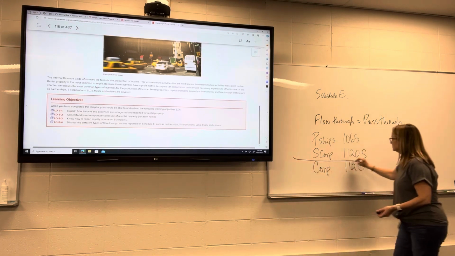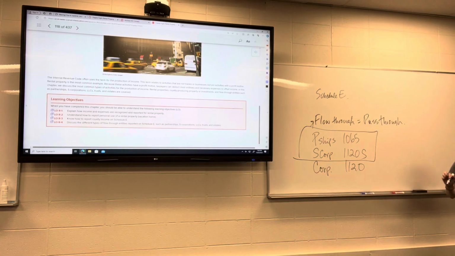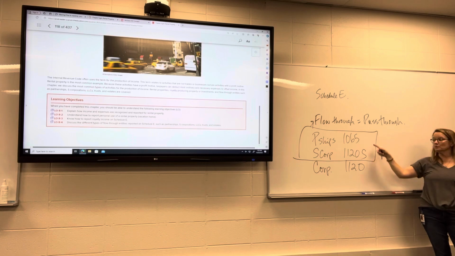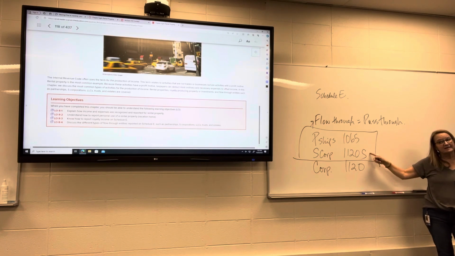Now, these two are flow-through entities, which means they have their own tax return, they report the income and expenses on that tax return, but they don't actually pay any income tax.